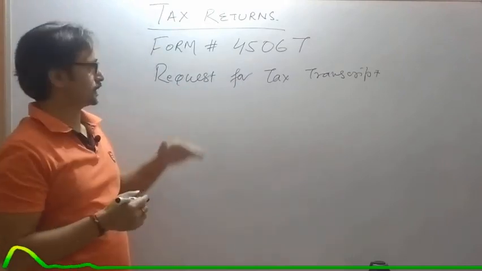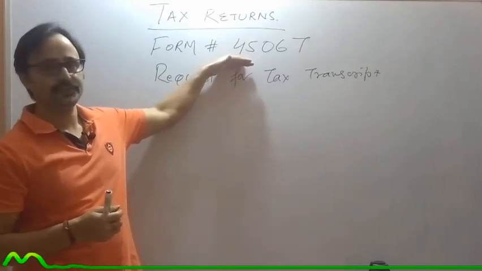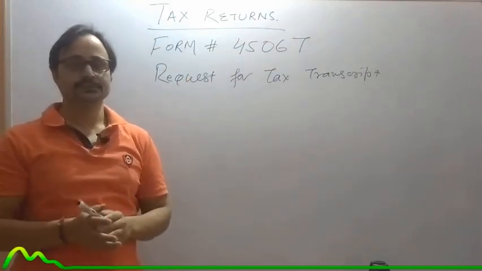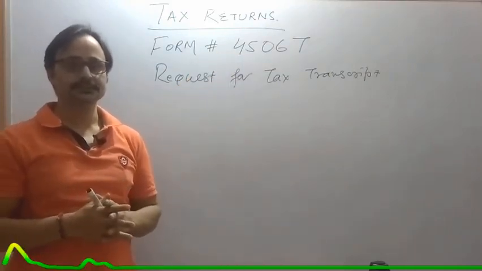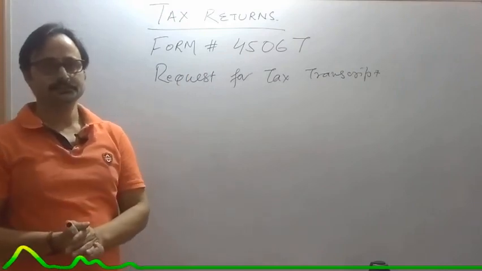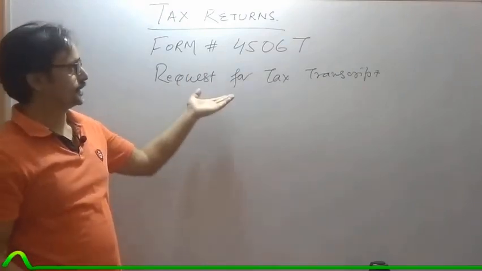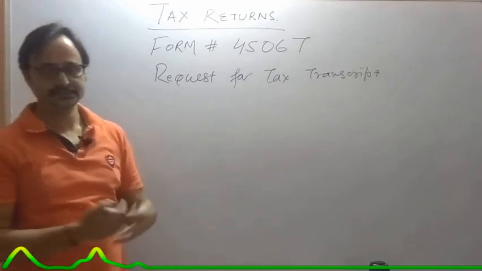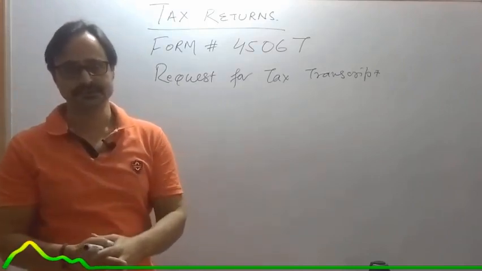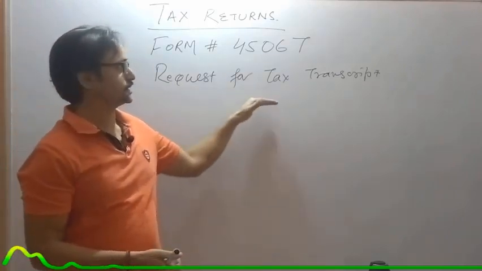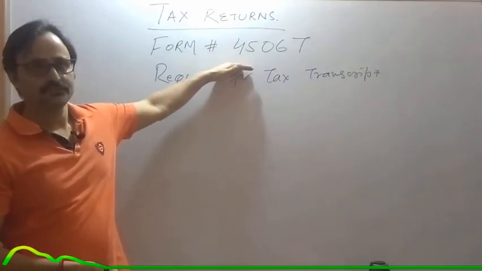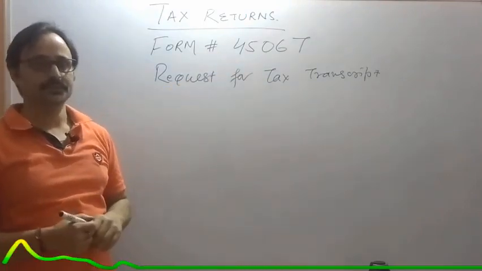Whenever we send this form, after filling in all the information, it is sent to the IRS, and within 10 days we can receive the tax transcripts, or those tax records, for whatever years we have requested in this form. So what information needs to be updated?